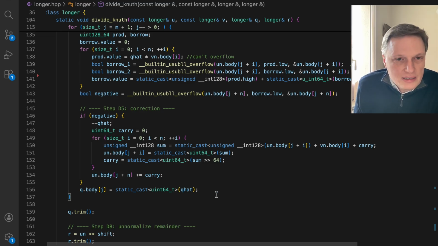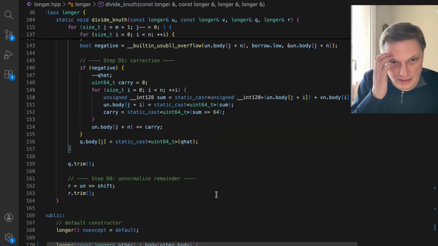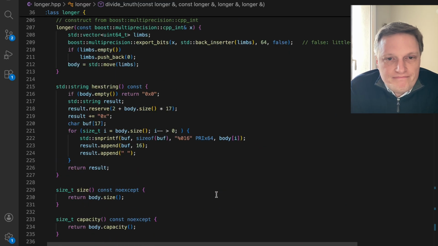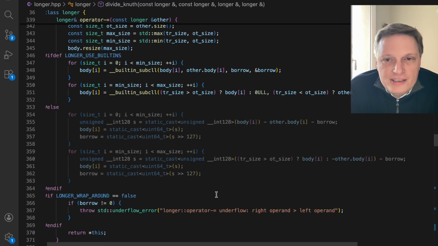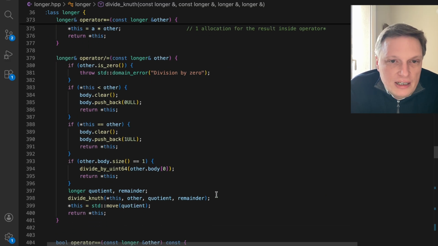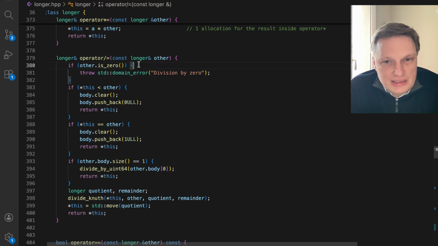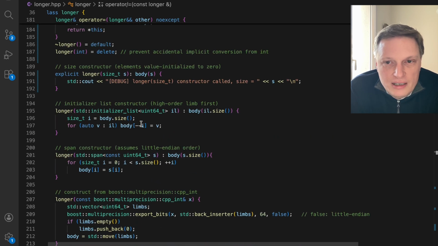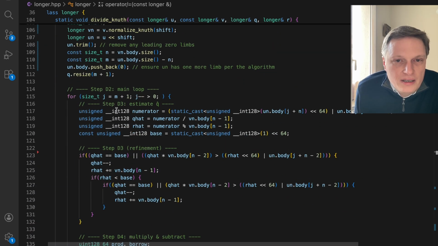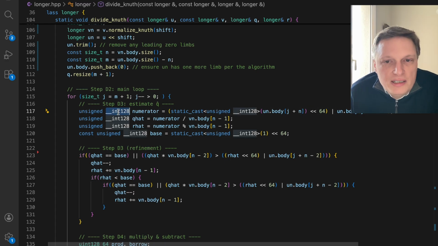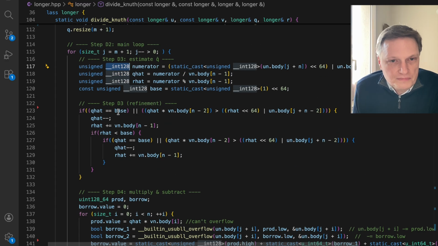Now let's look at a few implementation details. Before calling Knuth divide, I check several edge cases to ensure that we are within the algorithm's prerequisites. I use int 128 a lot, for example, to aggregate two limbs into one, and to ensure that intermediate results don't overflow.